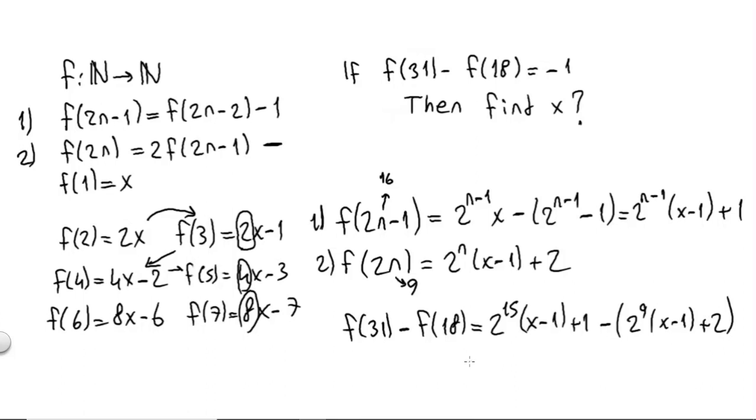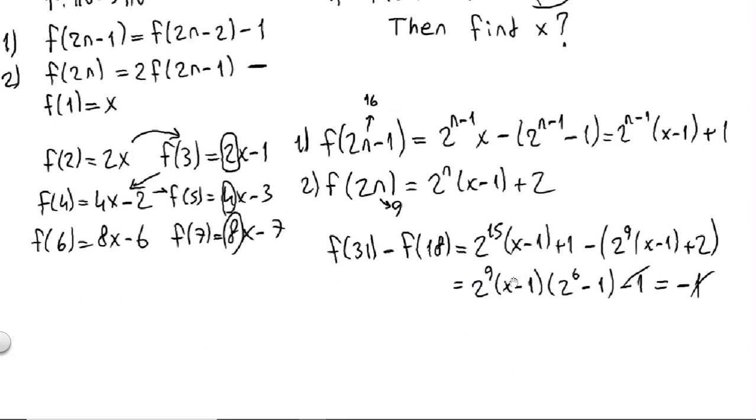So now I can take everything into parentheses: 2 to the 9 times x minus 1, times, this is going to be 2 to the 6, minus 1. And from the constants, I just have minus 1. And from the question, I know that this is equal to minus 1, so I can cancel these.